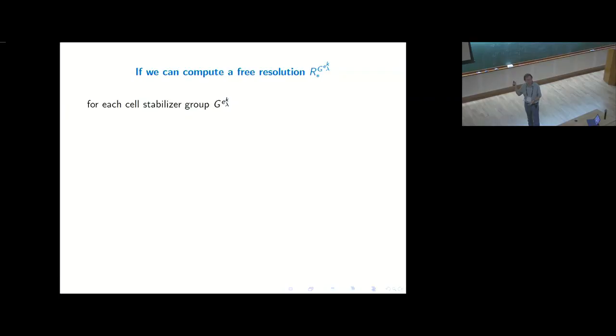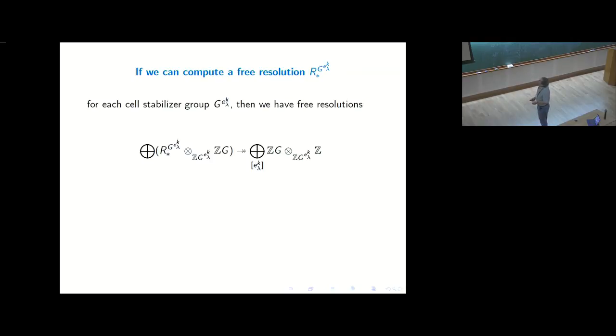For example, my clumsy method, which I illustrated on S3. Then from that, it's not difficult to see that this module here can be got from such a resolution just by extending scalars. So that's kind of an automatic thing that can be done on the computer. So if you can calculate free resolutions for the stabilizer subgroups, you can do Wall's trick and you get a resolution for G.